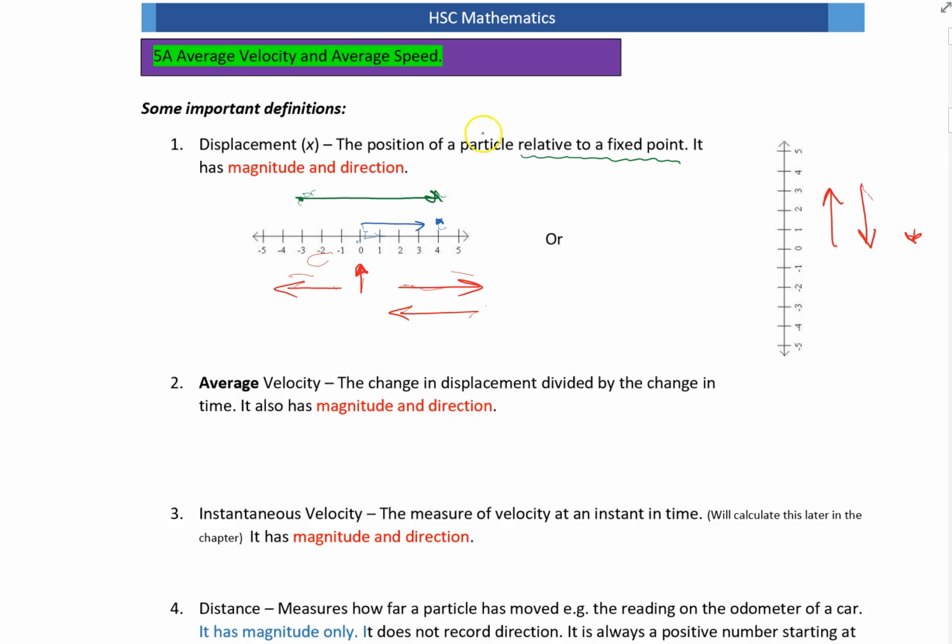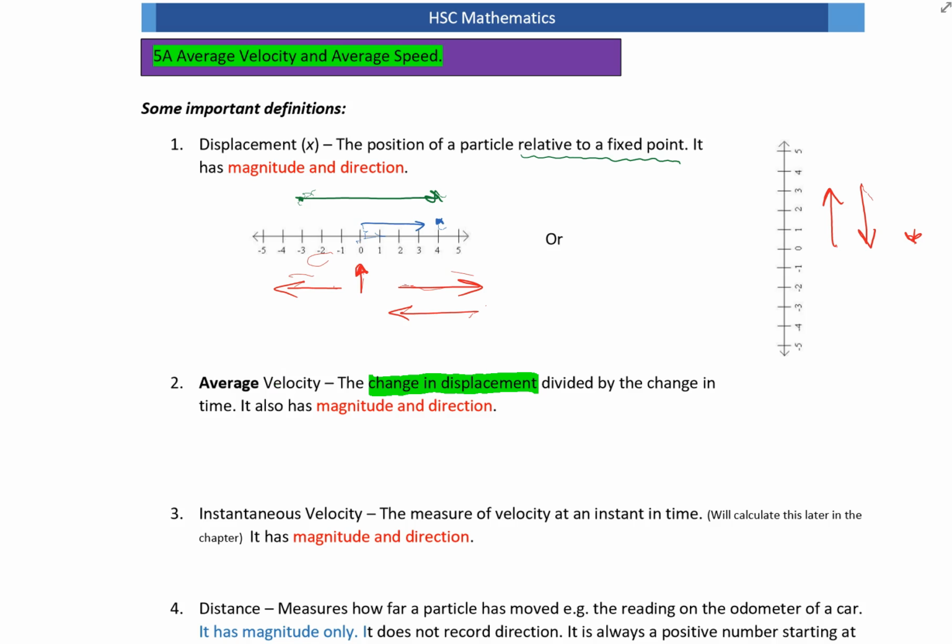Displacement by definition is the position it ends up in relative to probably the origin, as opposed to what was its change in displacement. Now you're going to see that change in displacement becomes extremely important just in the very next definition. So it's a change in displacement for the definition of average velocity.